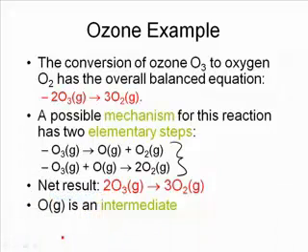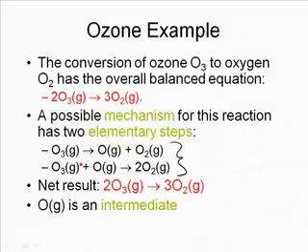Okay, and let's look at what's happening. In the first step, the ozone is going to decompose into one oxygen molecule and one oxygen atom. Then in the second step, another ozone interacts with a single oxygen atom, and we get two oxygen molecules.